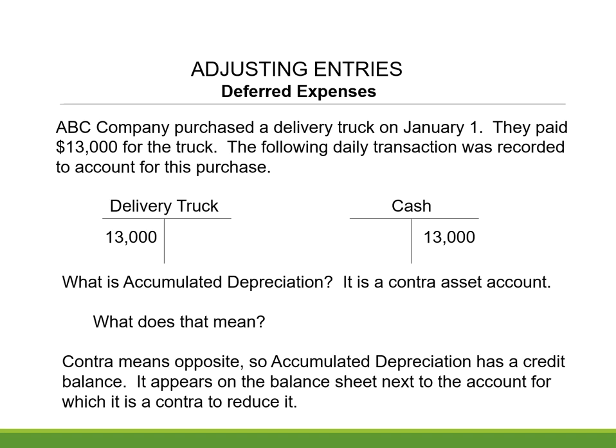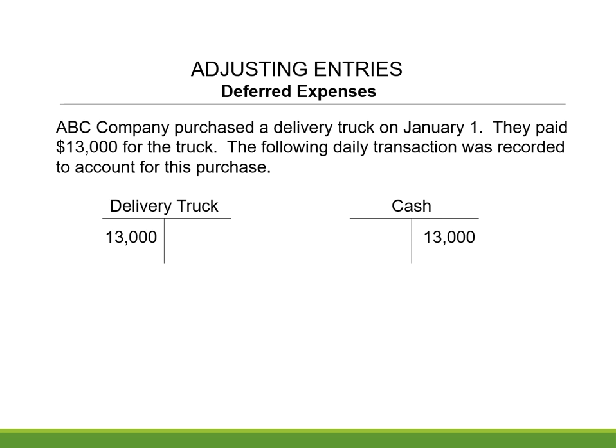And what does that mean? A contra means opposite. So the accumulated depreciation has a credit balance. So if you recall, the delivery truck has a debit balance, and now the accumulated depreciation has a credit balance because it's a contra. And a contra account will always appear on the balance sheet next to the account for which it is a contra.